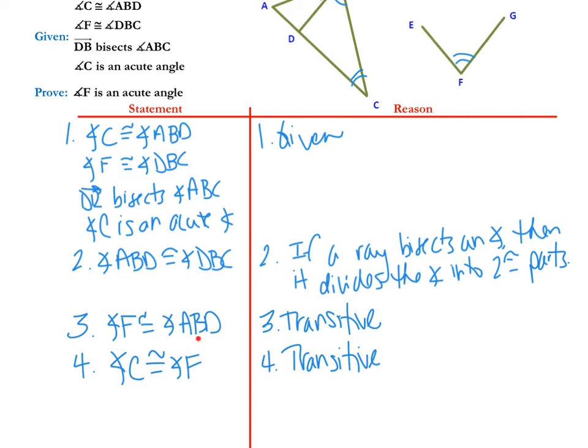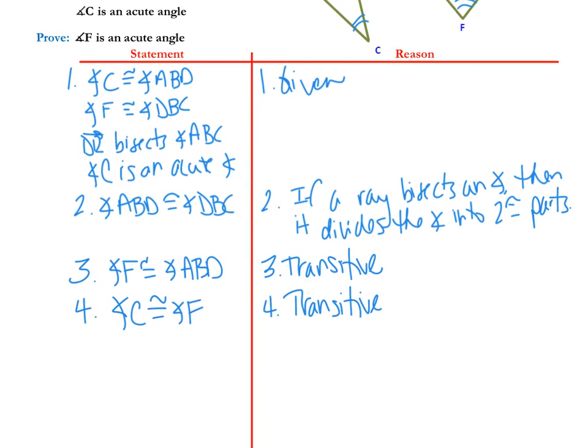I could have gone ahead and written angle C is congruent to angle F, and then over here by the transitive, written my whole connection, which was that we went from ABD to DBC, then DBC to F, and then F to C, which I know sounds really confusing, which is why I broke it down into 2 separate transitive properties.